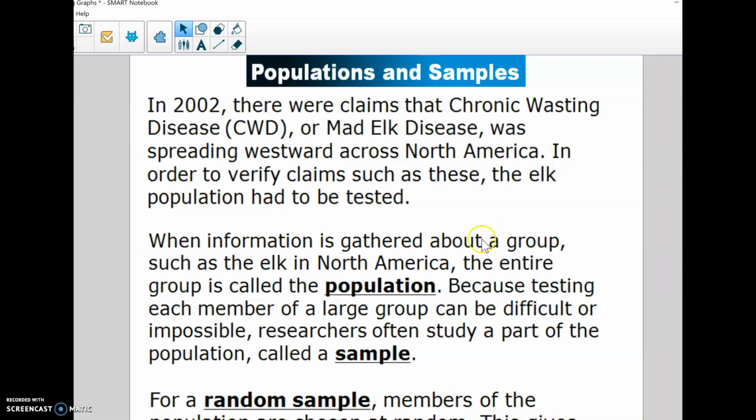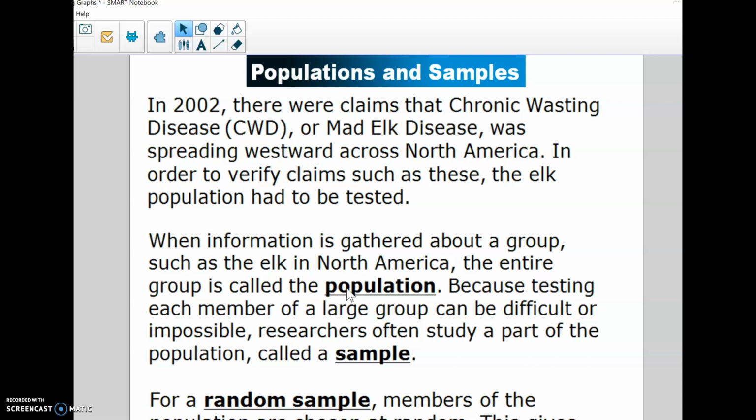So, a population is a group of people you would like to test or survey if you have a question you want answered. But we can't always test everyone. Say you want to know what 6th graders' favorite ice cream flavor is.